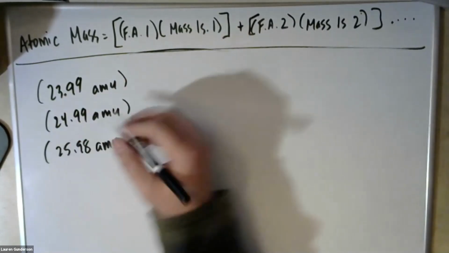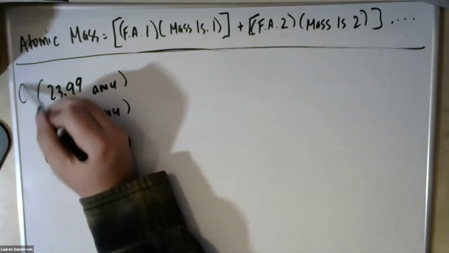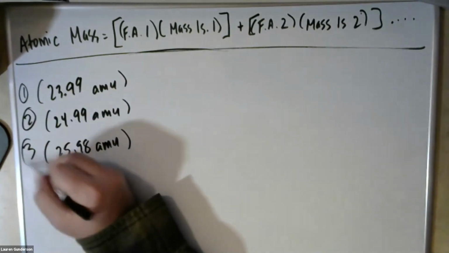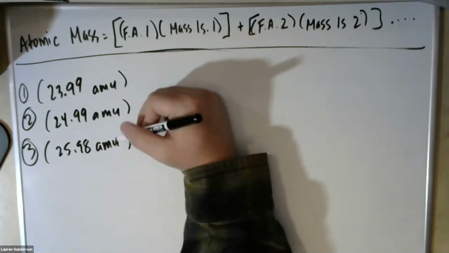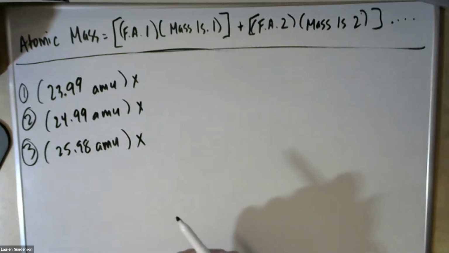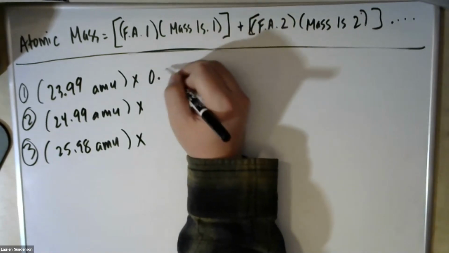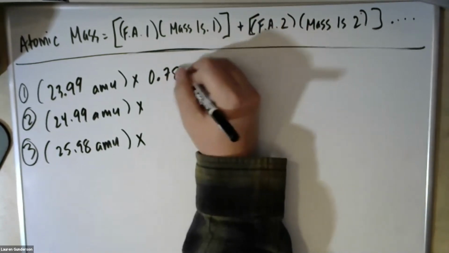So I'm just going to show you another way that you could set up your solving. These are the masses: this is isotope 1, isotope 2, and isotope 3 of magnesium. I'm going to take the isotope mass and multiply it by its corresponding fractional abundance. The first isotope has a percentage of 78.99%, which means that the fractional abundance is 0.7899.